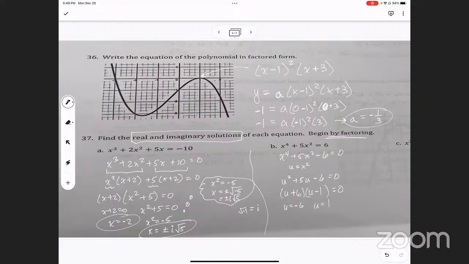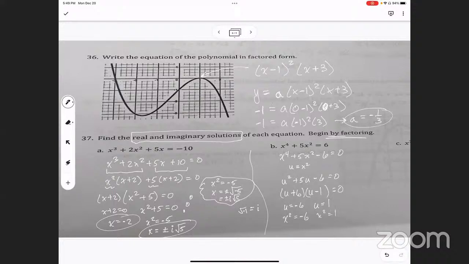Well, that's awesome. Except I don't want to solve for u. I want to solve for x. So now I'm going to take what I said u is equal to, and plug that in. So u is really x squared, right? x squared equals -6 or x squared equals 1.